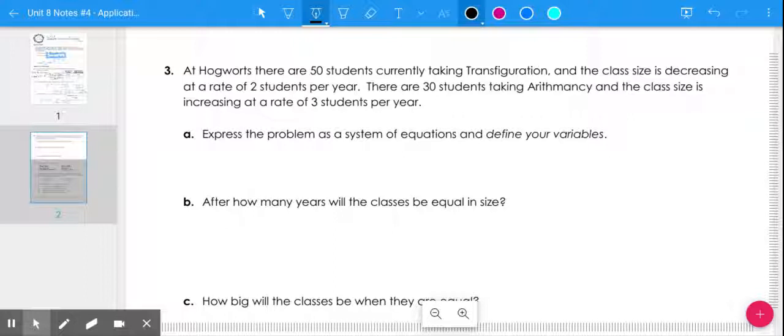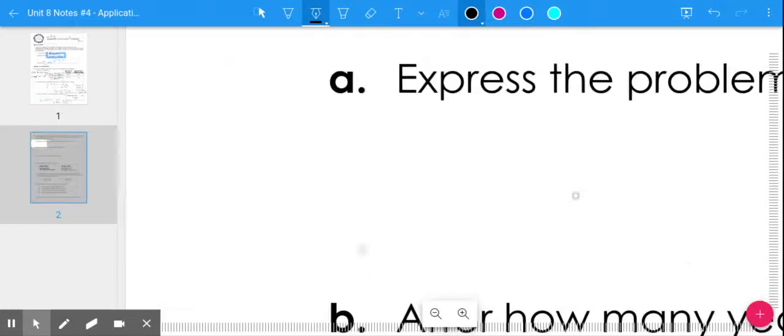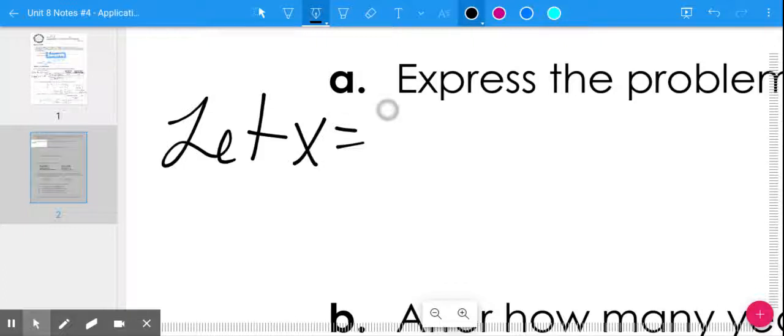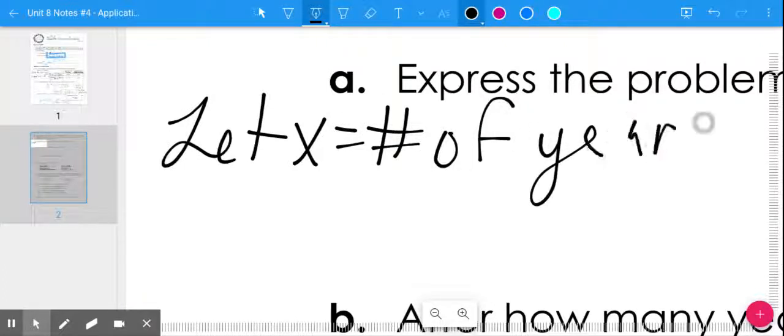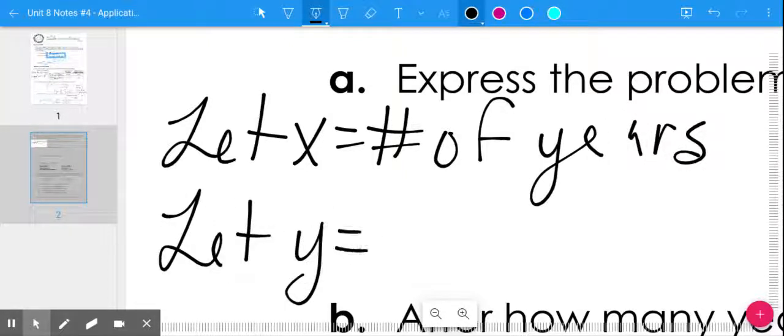So now instead of using just one equation, we're going to be using a system. So we're going to start with defining our variables. We're going to let x equal, just like in the last problem, the number of years. And we're going to let y equal the total students, because we're looking for how many kids are in each class.